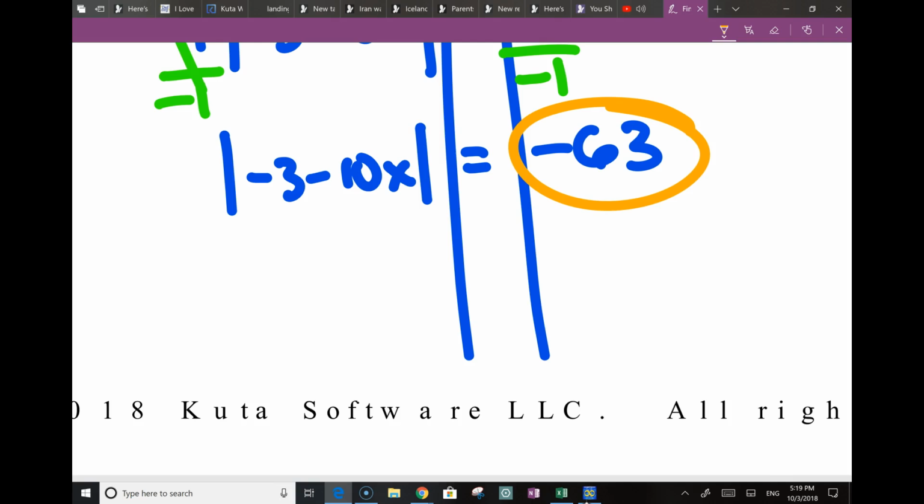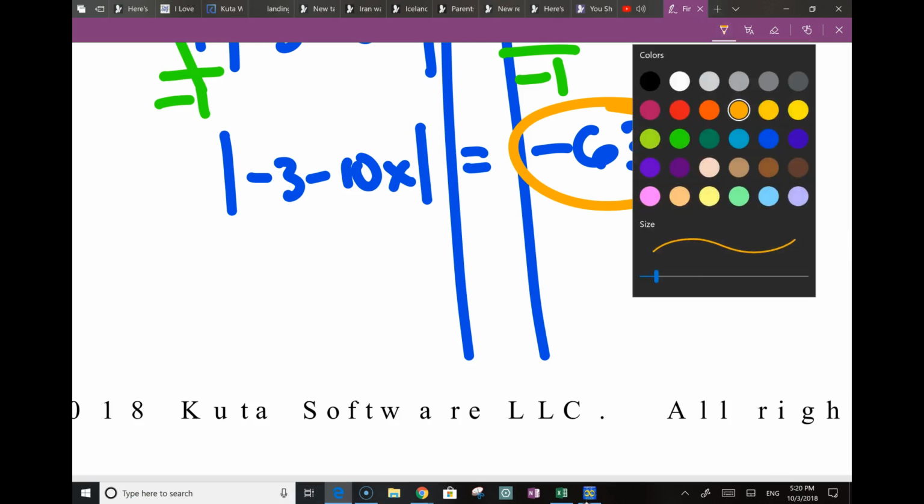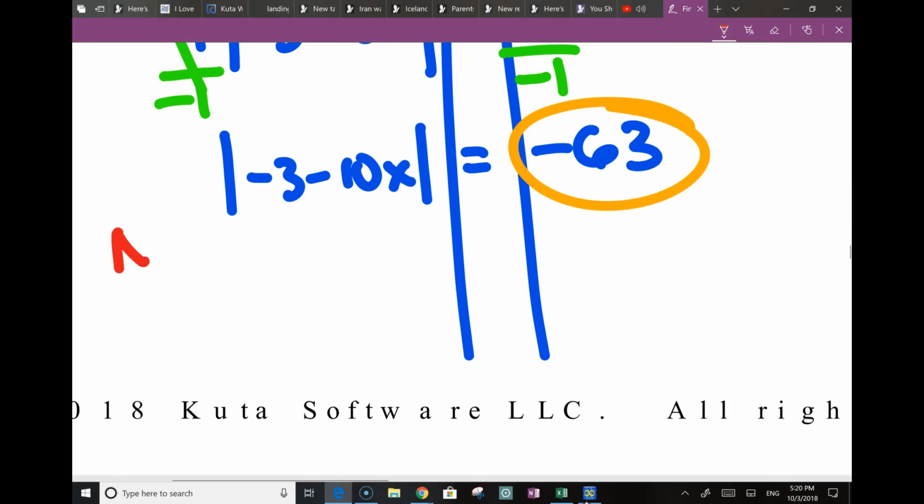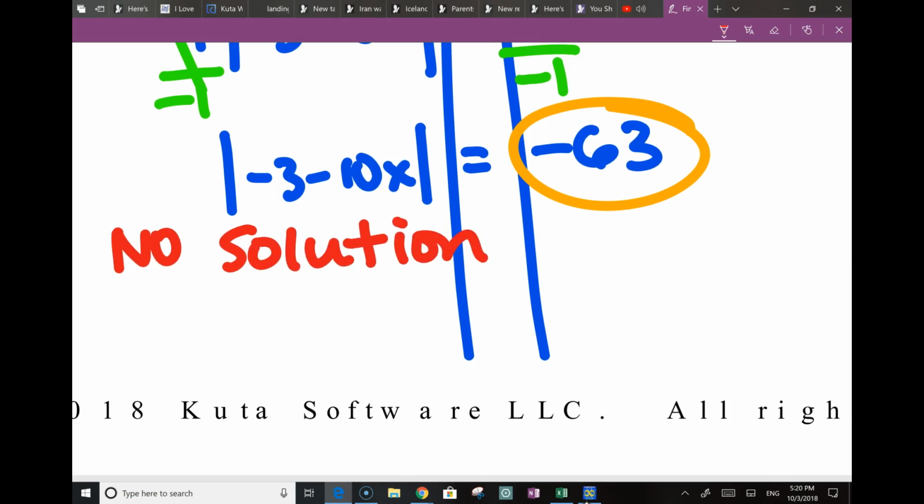So whenever you're in a situation like this, where you have a negative value on the right side, and there's nothing left on the left side to change that negative into a positive, what you're left with is a no solution answer. There is no solution to this. Okay?